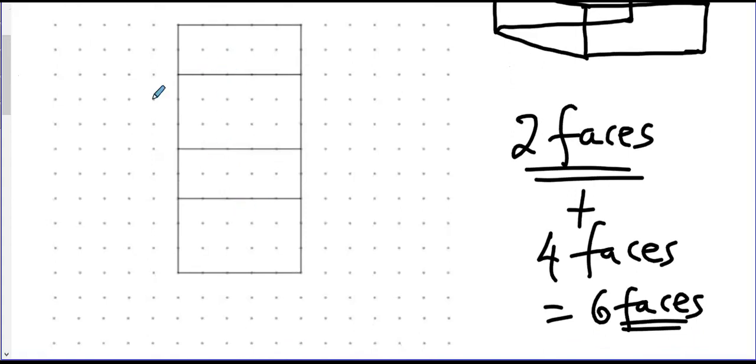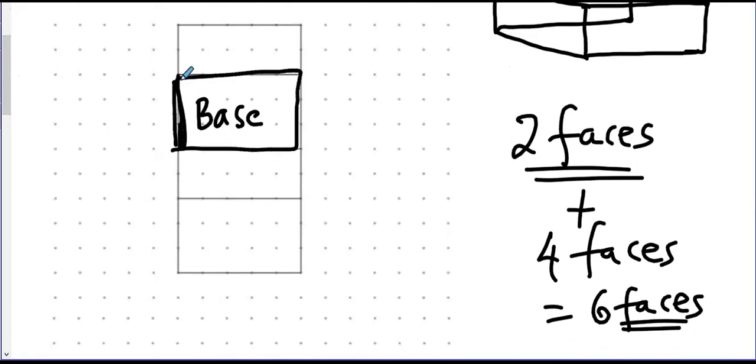Now you can see that any net, when you are drawing any net, we start with a base. So this face here is your base. How did I know that this face is your base? The base is a face to which other faces are getting attached.